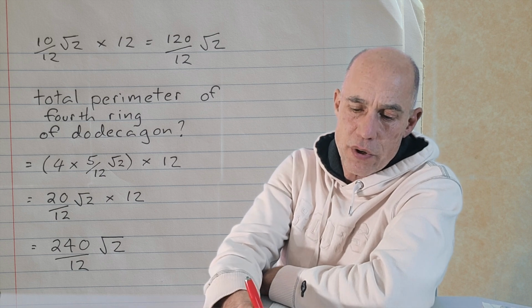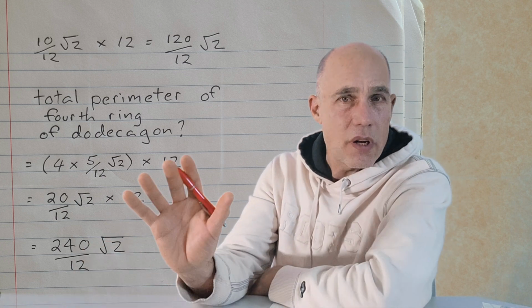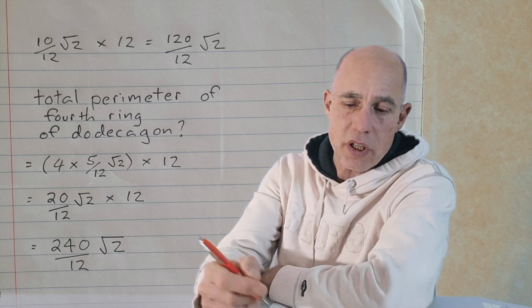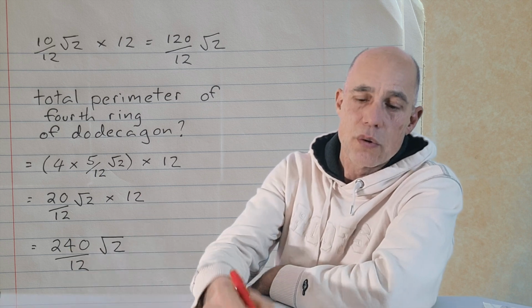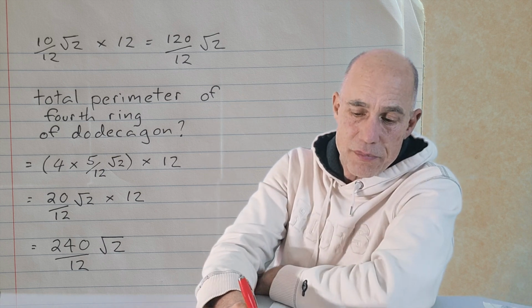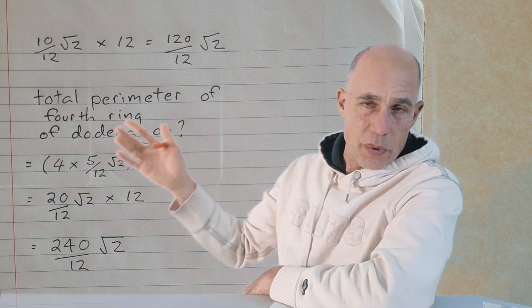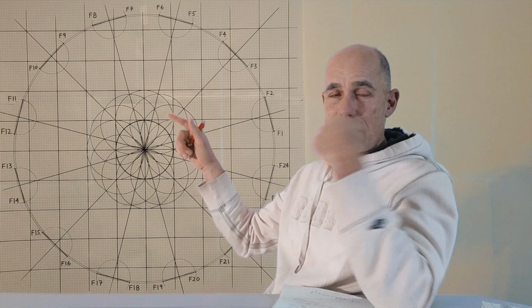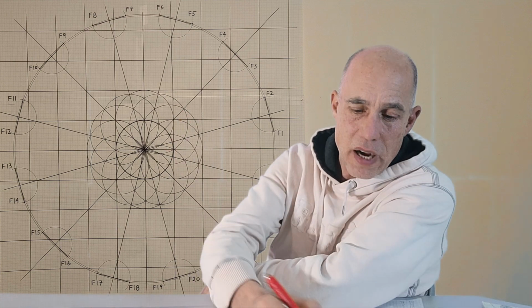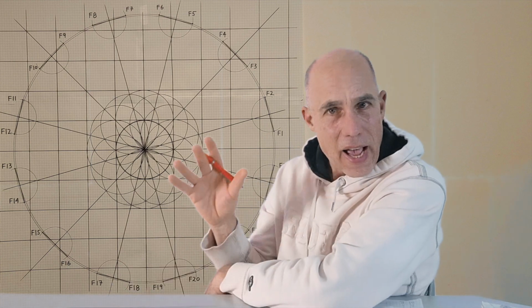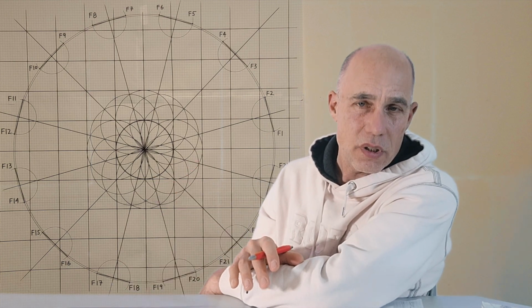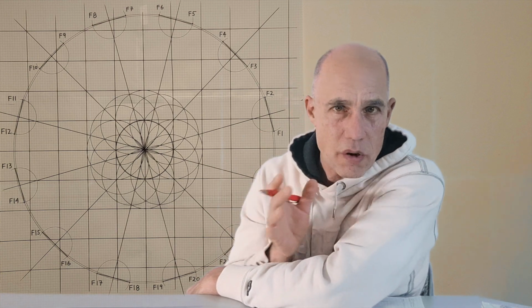There we go, 240. So the total length of our base 12 dodecagon is 240 twelfths root 2. So when we add up all these sections, we have 120 twelfths. So that's exactly half of the total amount of our dodecagon perimeter.